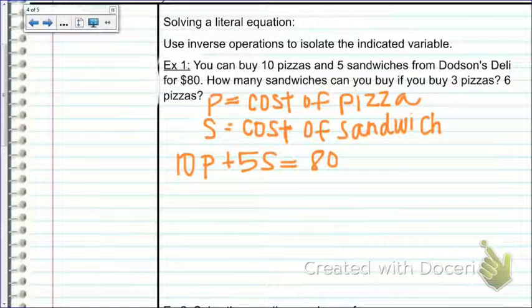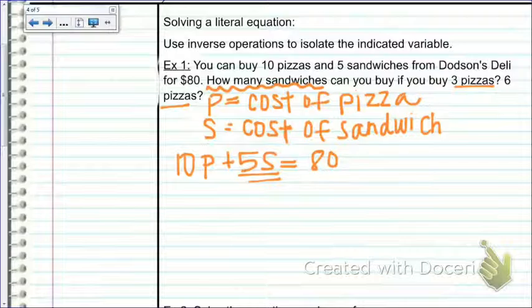Pizzas or sandwiches? Pizzas, right? So sandwiches is going to be the variable we want to solve for. So we want to isolate S.